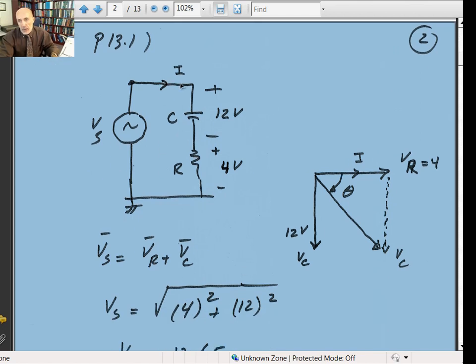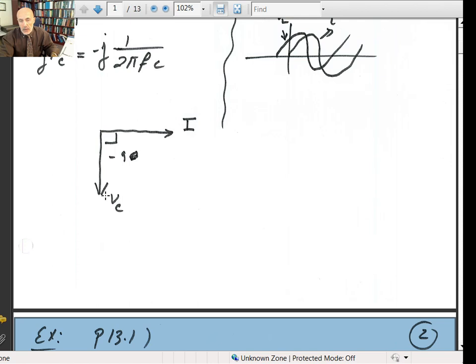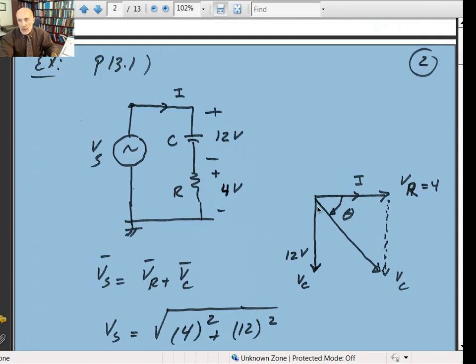If I look at the current, the voltage across the resistor would be in phase with the current, but the voltage across the capacitance is lagging the current. Just like we did here, the voltage across the cap is always lagging the current by minus 90 degrees. So if this is 4, and this is 12, I can draw a line here parallel to the voltage. Then V of S would be equal to the voltage across the resistor plus the voltage across the capacitance.